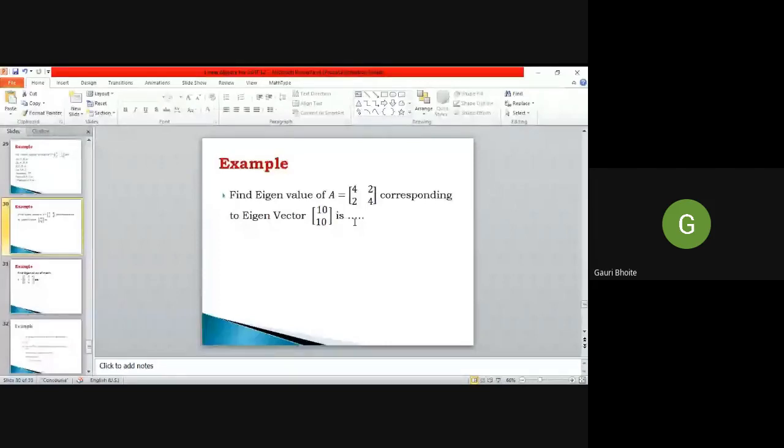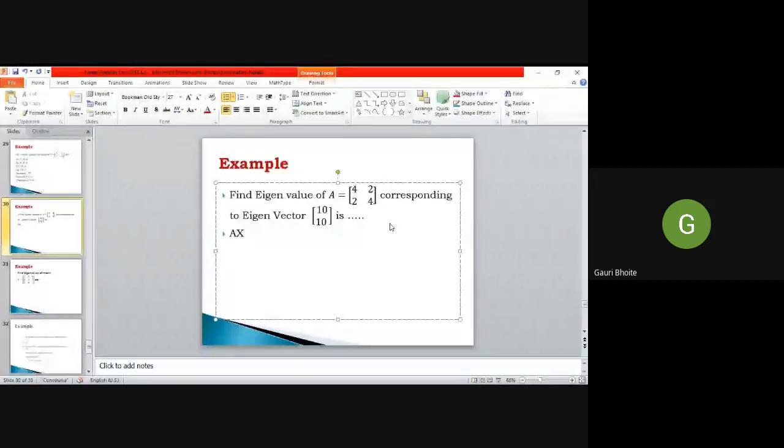Find the eigenvalue corresponding to this matrix A for eigenvector x equal to 10, 10. Hint is given: Ax is equal to lambda times x, I write k instead of lambda, so Ax is k times x. You have to find this value of k. Find Ax and represent it as k times x.